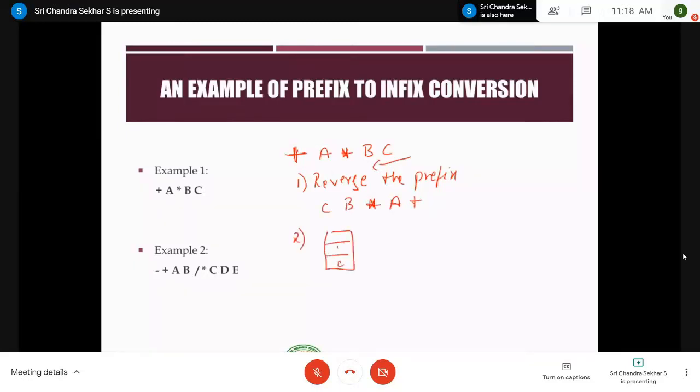It is C and it is B, and you come across this star. So you pop the first element and place it in operand 1, not operand 2 as in the previous algorithm. So operand 1 becomes B and operand 2 becomes C and the operator is star. It becomes B star C.